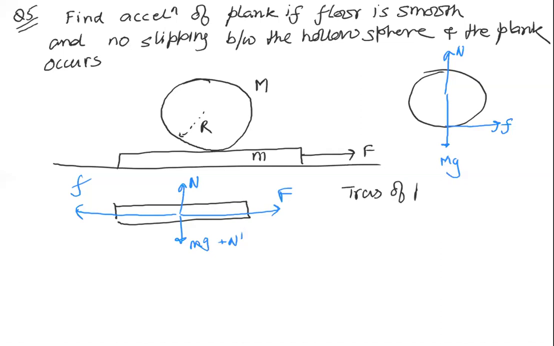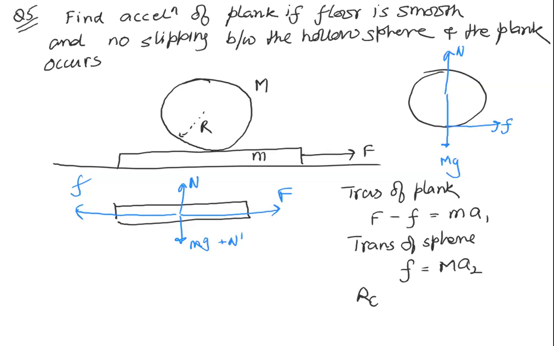Translation of plank: F minus f is equal to ma1. Translation of sphere: f is equal to ma2.